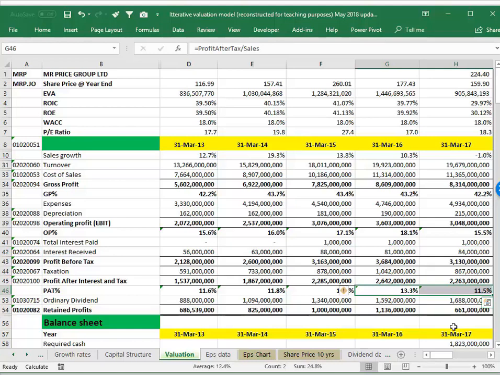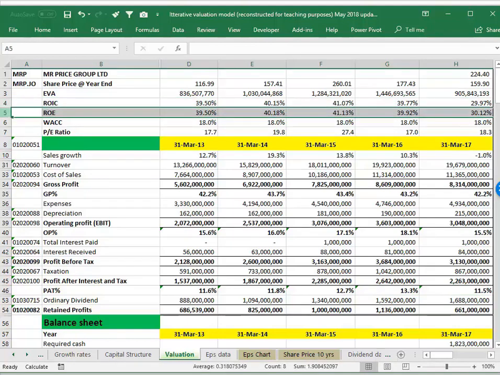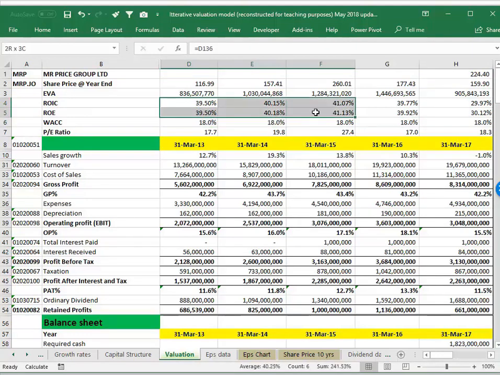And it turns out that if the leverage for the business is 1, in other words, there's no debt in the business, well, the return on invested capital and the return on equity will be equal to each other. And that is the case here for Mr Price. For most of the years, they're pretty much equal to each other. Perhaps a small rounding error difference here. And the reason for that is the fact that Mr Price doesn't use debt in their business.